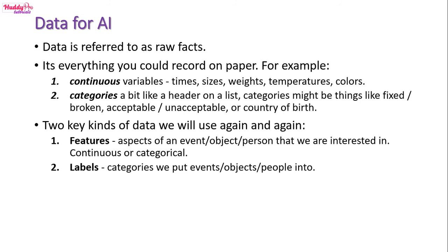We can also label a person depending on the political party they are affiliated to, like a Republican or a Democrat, or you could label a particular image as containing fish or not containing fish. Those are examples of labels, and these two types of data, features and labels, are the ones that we will use again and again in AI.